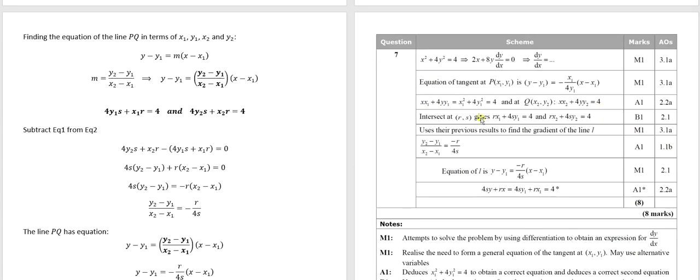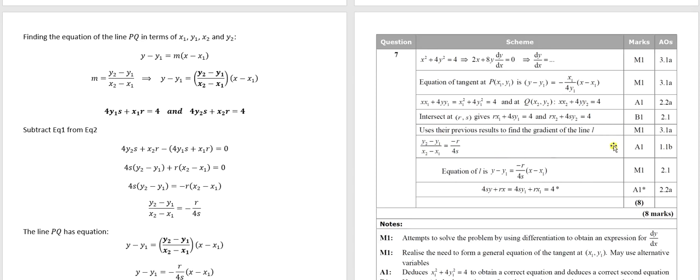For the fourth mark, they say that because they intersect at R and S, you can substitute R and S into both the equation involving x1 and y1 and the equivalent one involving x2 and y2. From there, you can go back and find the gradient of the line, y2 minus y1 over x2 minus x1.